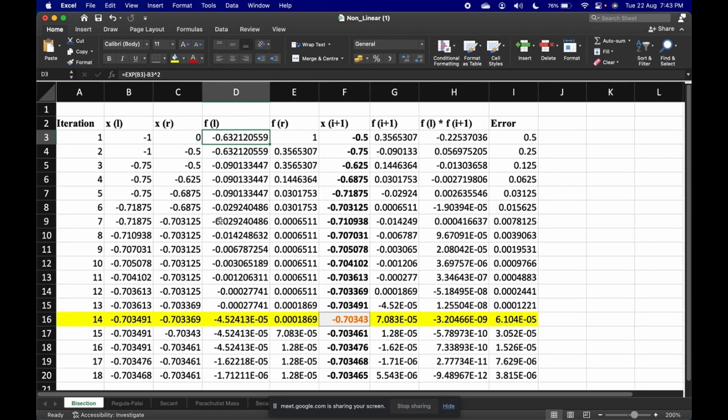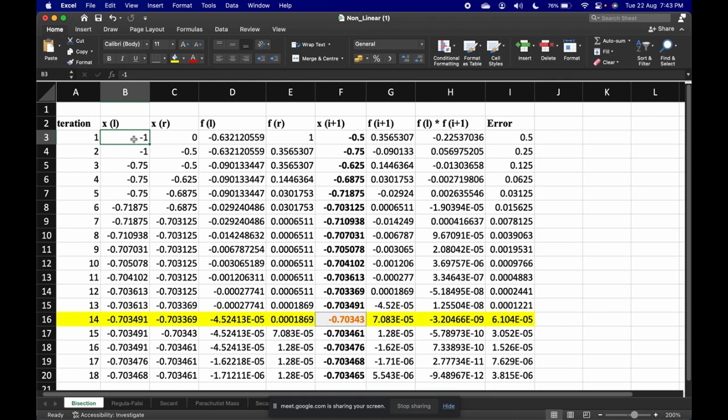So this is the bisection method. We started with this, minus 1 and 0 here, right? First we calculated this xi plus 1, that is minus 0.5. From that we calculated fi plus 1, that is f1, and then we multiplied this and got this negative value. Since the value was negative, we replaced XR in the next iteration.